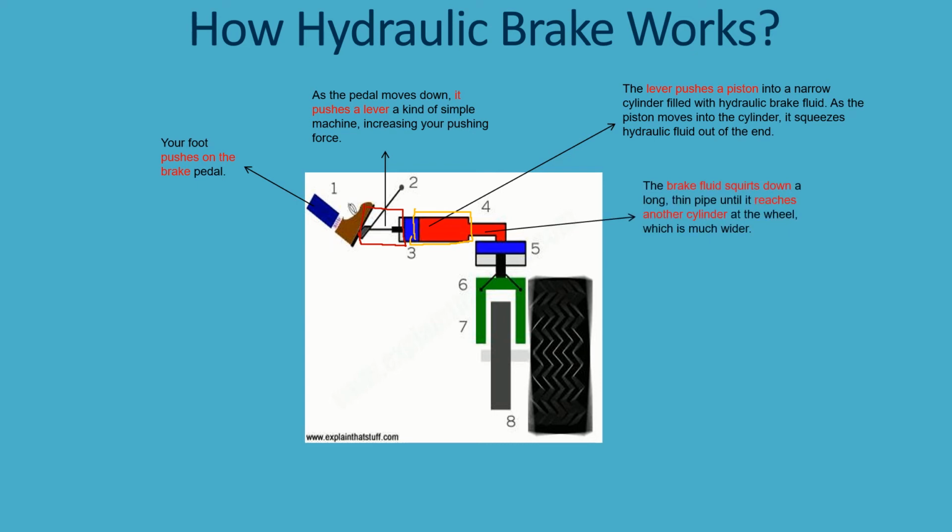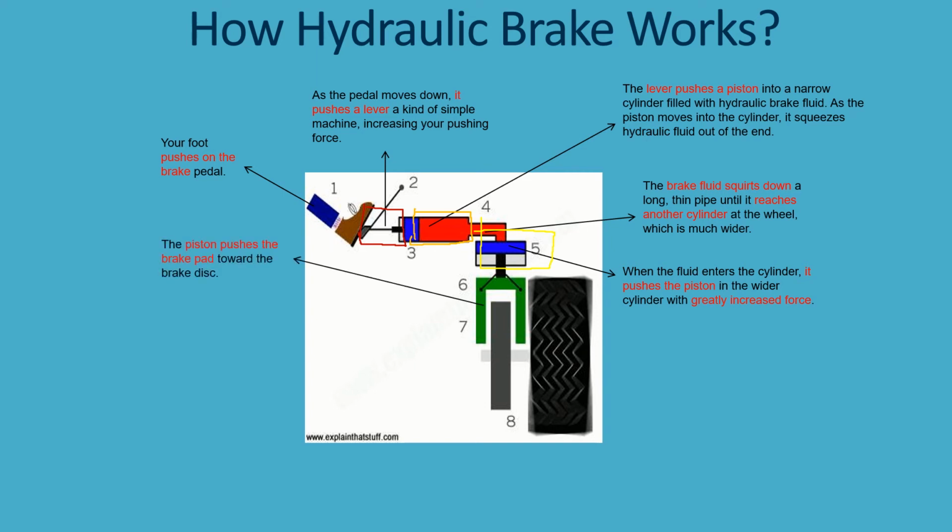Okay, then the brake fluid squirts down a long thin pipe until it reaches another cylinder at the wheel, which is much wider. Then, when the fluid enters the cylinder, it pushes the piston in the wider cylinder with greatly increased force. Okay, so that one occurs right here. The fluid has already entered this wider cylinder with a great force.